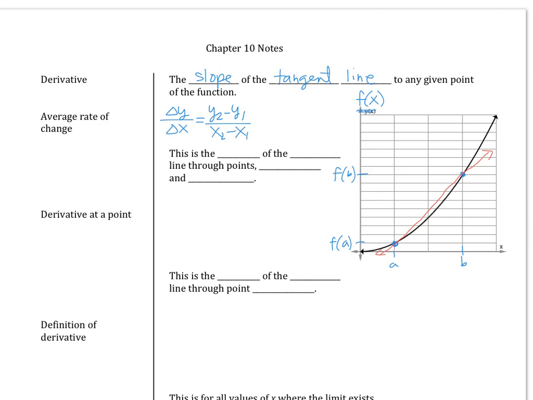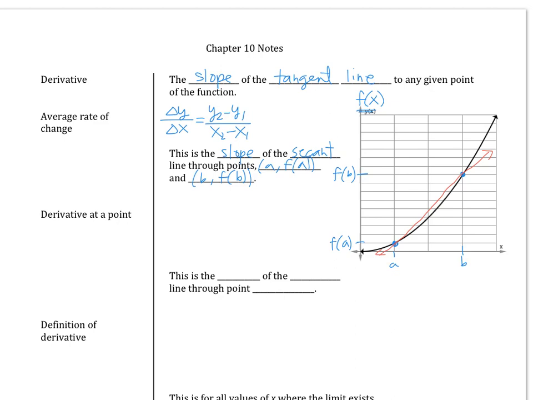Now, if you remember from geometry, if you have a line that cuts through the curve at 2 points, this is called the secant line. So we're really looking for the slope of the secant line through 2 points. And those 2 points are a comma f of a and b comma f of b.